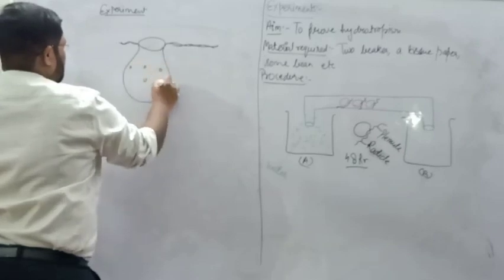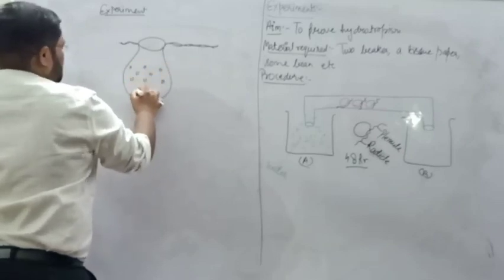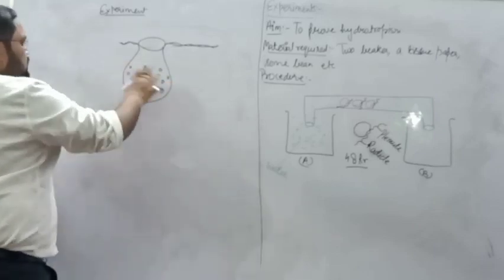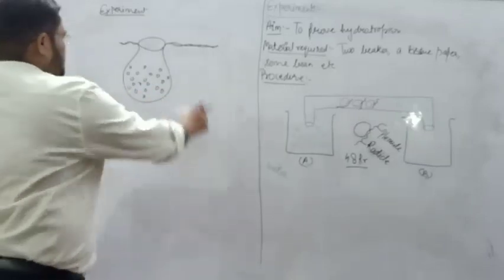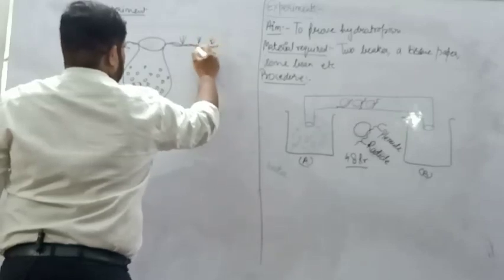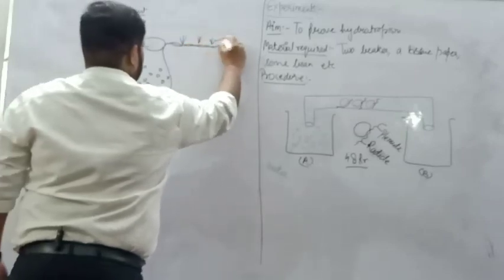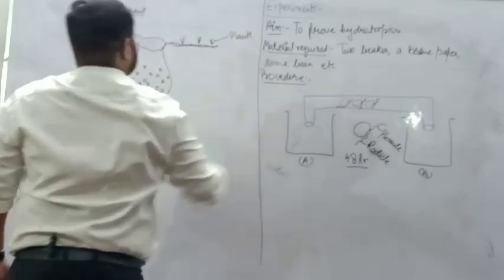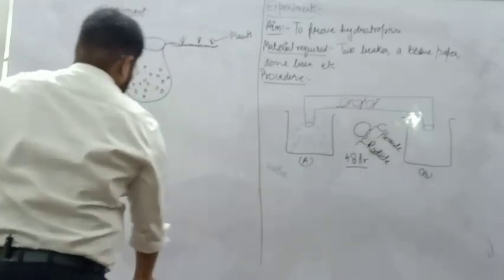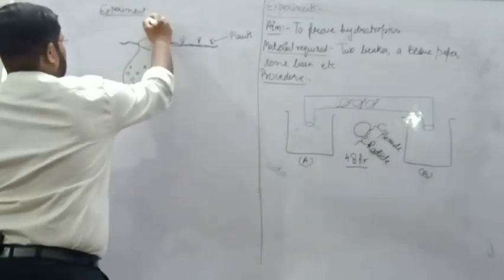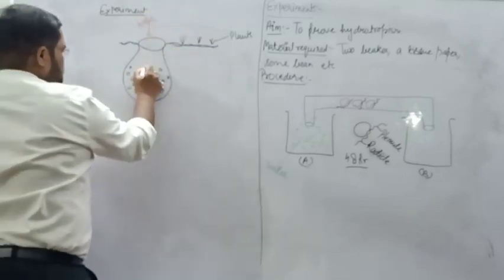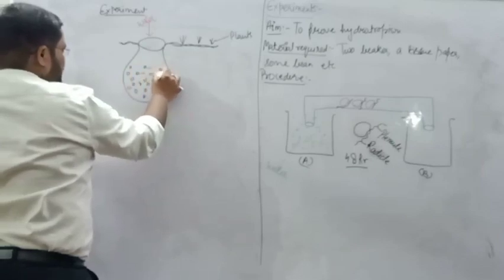Here some plants will be kept. In this pot water will be kept. Through these pores the water will be removed and absorbed by the soil.